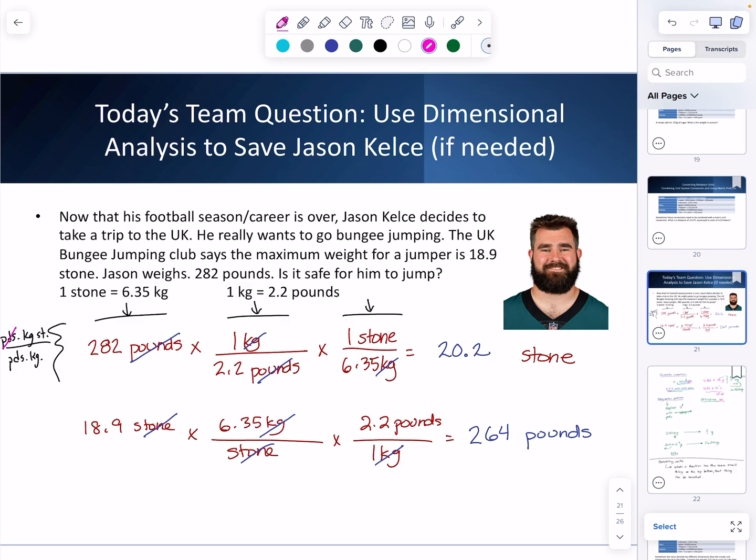So my pounds can cancel, my kilograms can cancel. So it doesn't matter if you do it along the way, like my habit is when I'm doing dimensional analysis, or if you just carry your units all the way through, see what you have at the end and say, oh yeah, these things are the same, those things are the same.